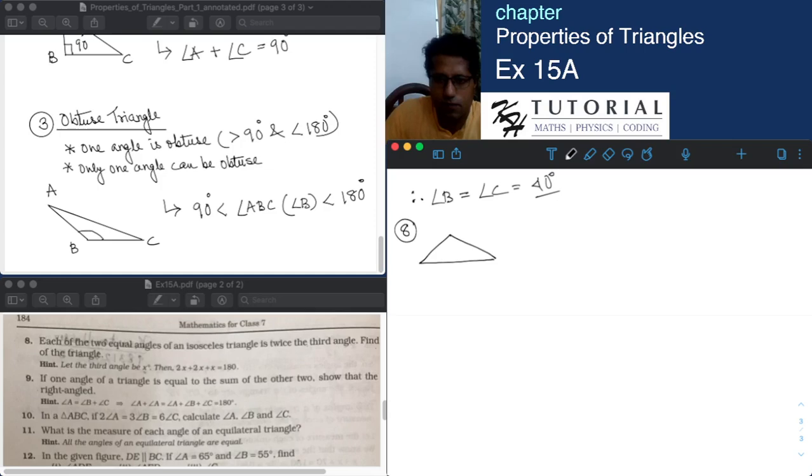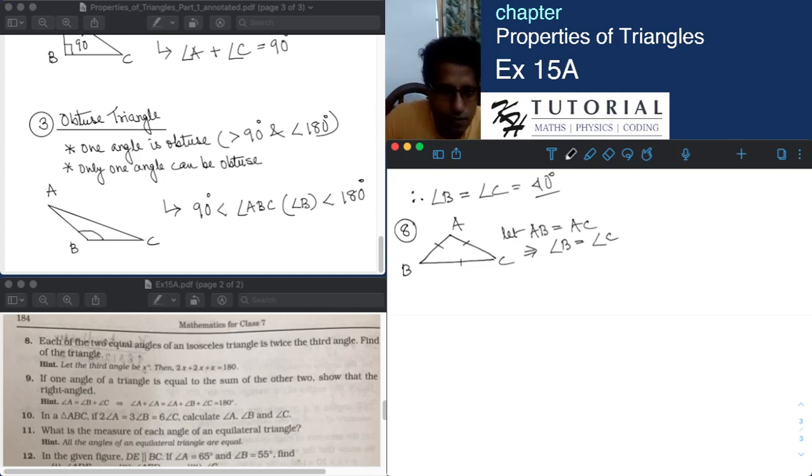We can always roughly assume the triangle to be like this, A, B, and C. So let AB equal AC. If AB equals AC, then the two equal angles will be angle B and C.